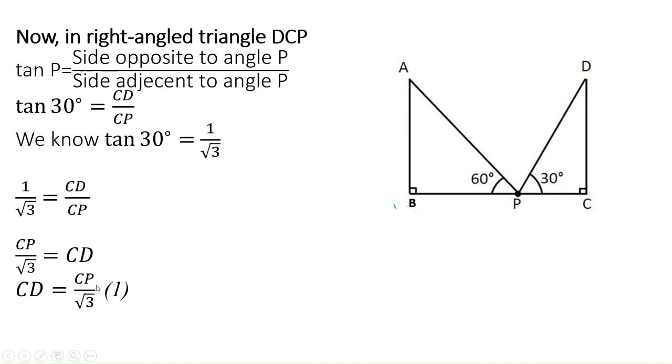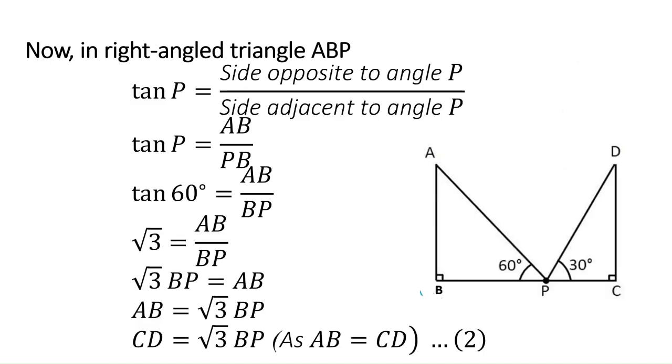Now let us move to another angle of elevation. For the next pole, it is given as 60 degrees. So again we are considering tan theta, which is the side opposite to theta by the side adjacent.